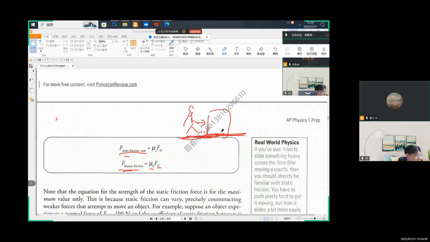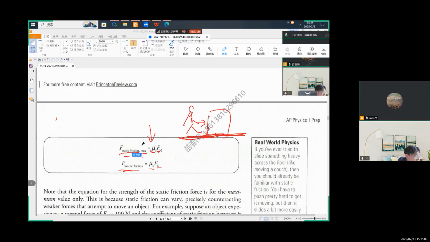So when that happens, it's called static friction. Does that make sense? Okay. So the static friction coefficient is actually a little bit bigger than that one, and times the normal force. You have to decide which one they're talking about.